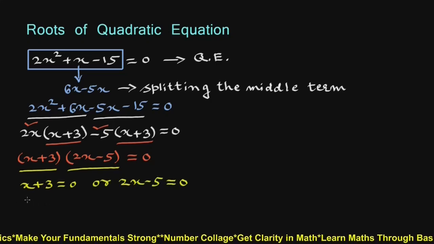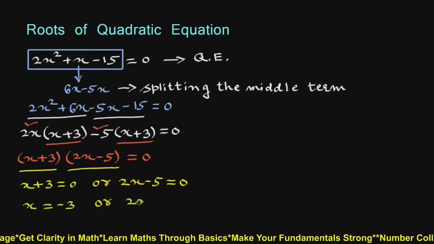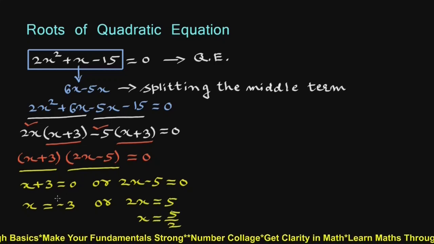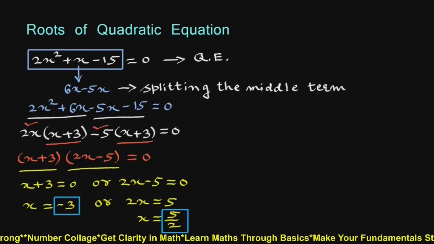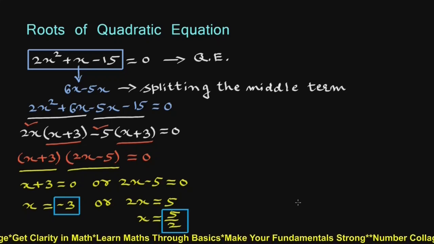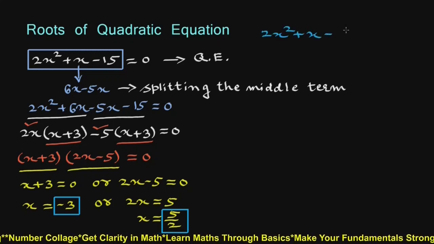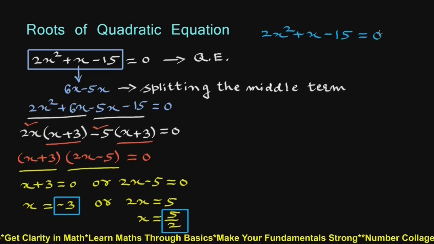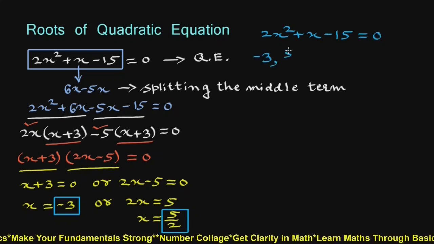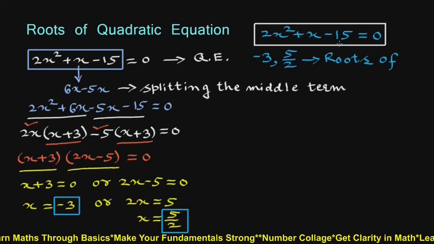Solving these linear equations, we get x = −3 or 2x = 5, x = 5/2. Now −3 and 5/2 are two values of x for which the quadratic polynomial 2x² + x − 15 becomes 0. Hence, we call −3 and 5/2 the roots of this quadratic equation.